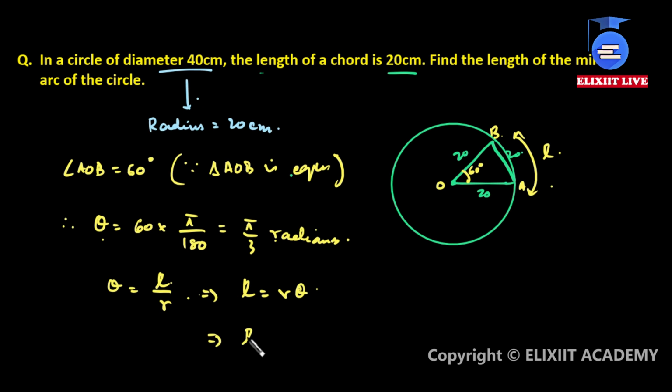R is 20, and theta is pi by 3 radians. So all total, 20 pi by 3 centimeter.